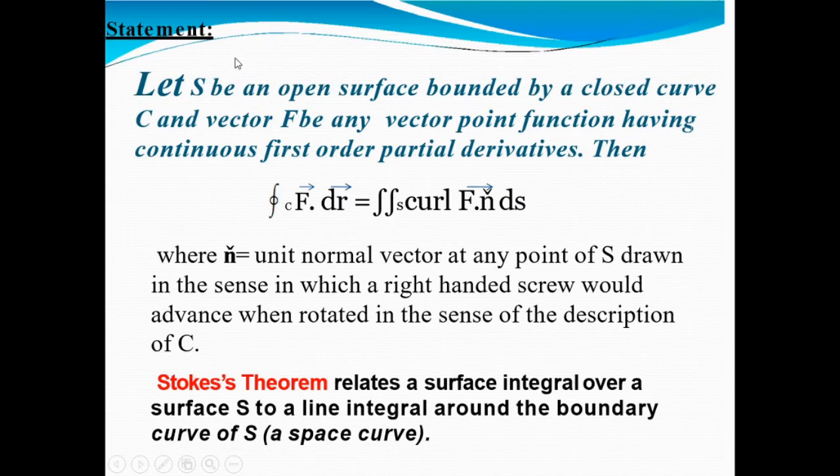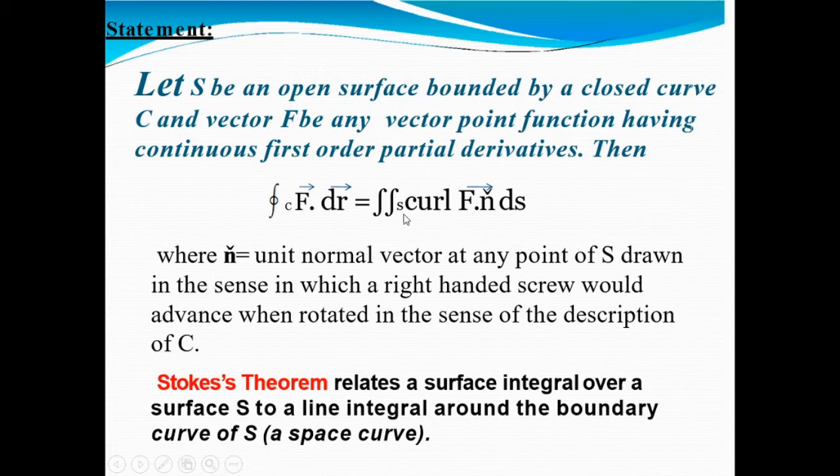From the statement of Stokes theorem, let S be an open surface bounded by a closed curve C and vector F be any vector point function having continuous first order partial derivatives. Then this can also be represented as the line integral of F dot dr equals the surface integral of curl F dot n ds, where n is the unit vector.